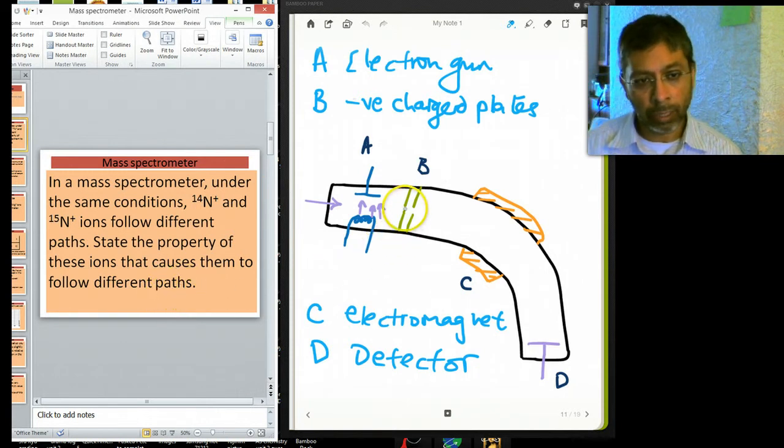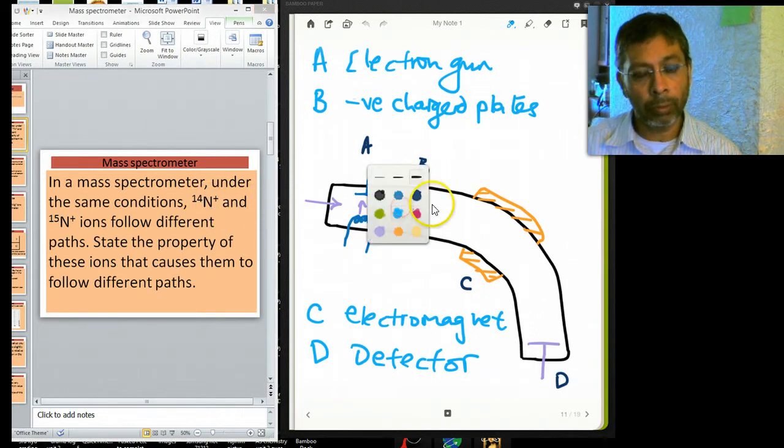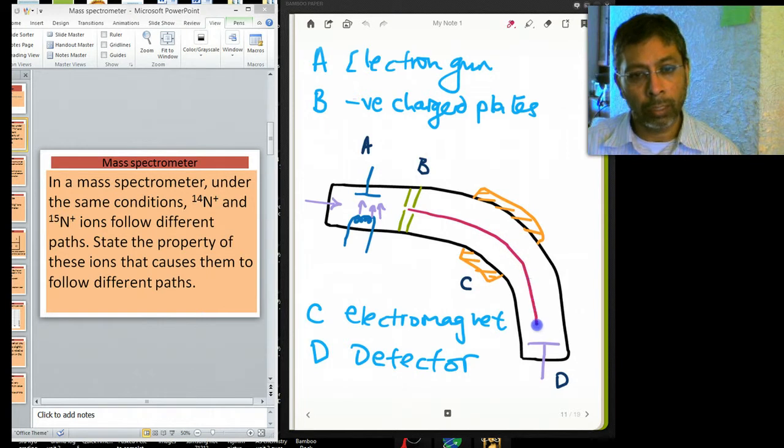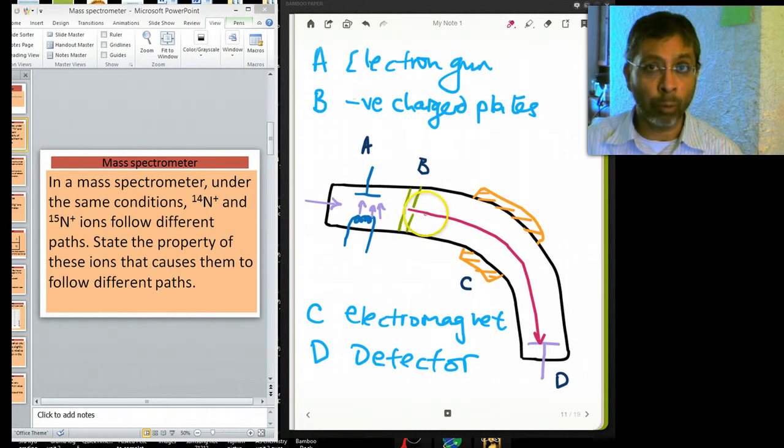Now remember what we said, that the ions get accelerated once they've been formed. They get accelerated by the negatively charged plates, and they come to this electromagnetic region where they get deflected. Now if it's a fairly light ion like this one here, then those ions will go straight through and get detected by the detector, whereas slightly heavier ions like that one there will not get deflected as much because they're heavier, they have more momentum.